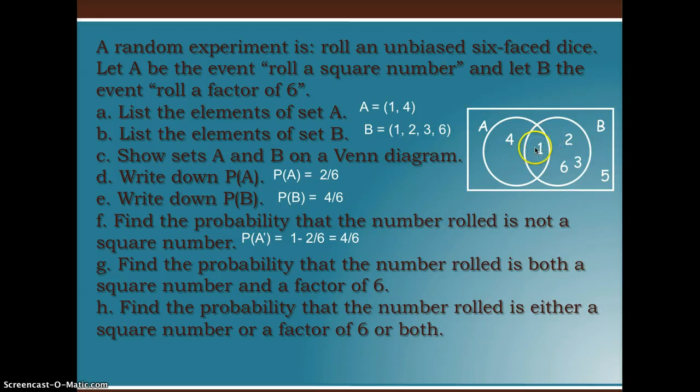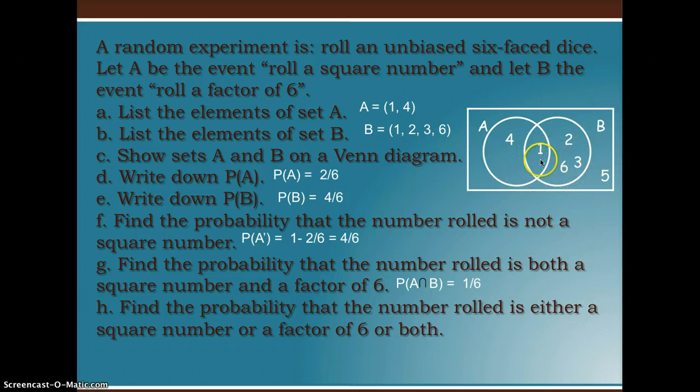So you only have here 1, and that's the one in the innermost. So you can write your math notation as P, probability of A intersection B is equal to 1 over 6. You only have one element that is both a square number and a factor of 6.